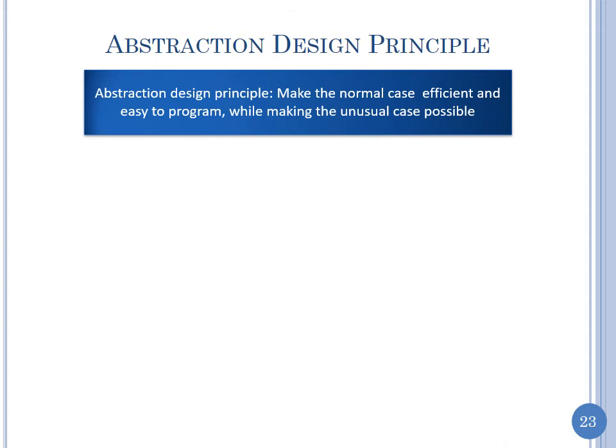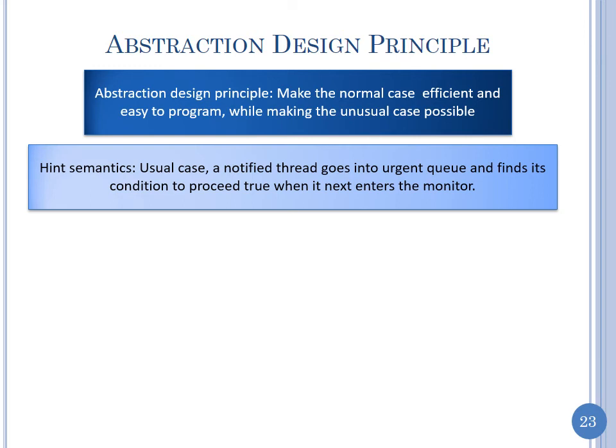So with monitors, we saw the hint semantics. And the usual case, we'll argue, and this is a judgment thing, nobody's really done a survey of programs and seen what they do, but you can argue for the usual case. When a thread is notified, it goes into the urgent queue. That's what happens in hint.